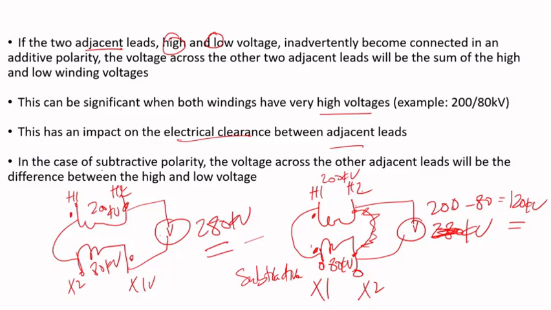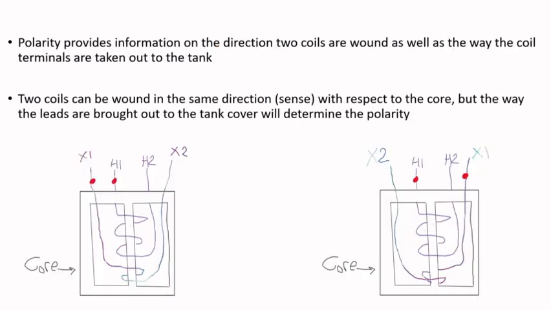So in the case of subtractive polarity, the voltage across the other adjacent leads will be the difference between the high and low voltage. If it's additive, it will be the sum. So polarity provides information on the direction of two coils that are wound, as well as the terminals that are taken to the tank.